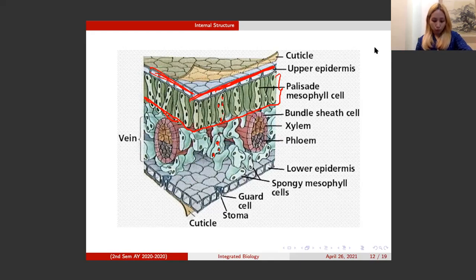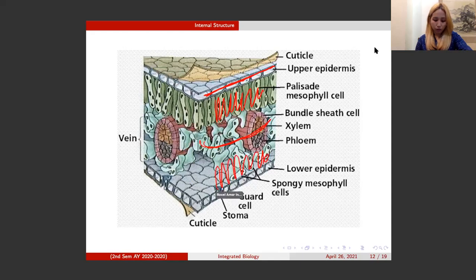Okay? So, mayroong mga plants, however, na makikita nyo, I think you're going to have samples of this in your lab, hopefully you do, wherein after the upper epidermal layer, you have the palisade layer, okay? And then a spongy mesophyll, and then you will have another palisade layer.